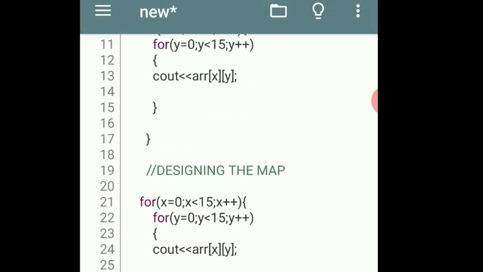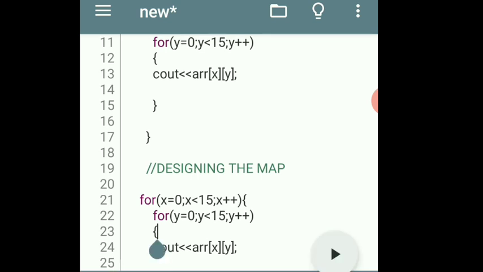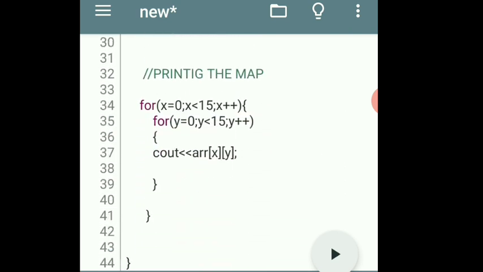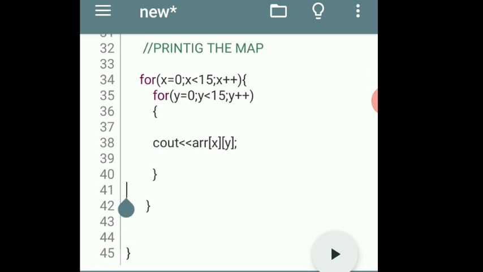Next we're going to delete this one since we're not going to output. Delete this one first. And in here we're going to add a space, and then here we're going to have a new line.